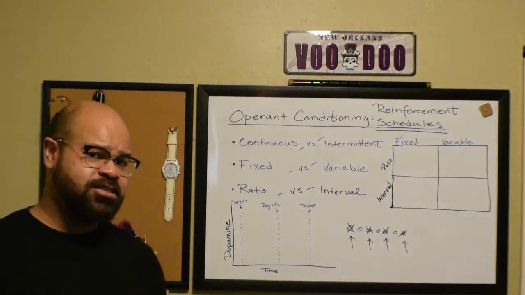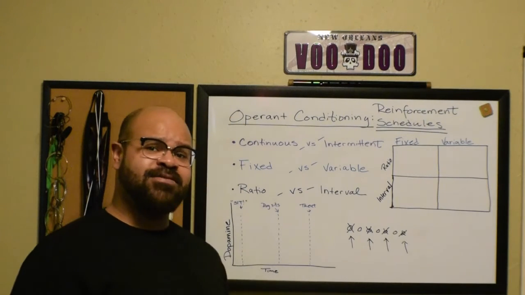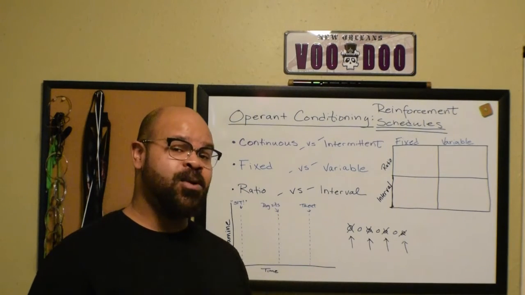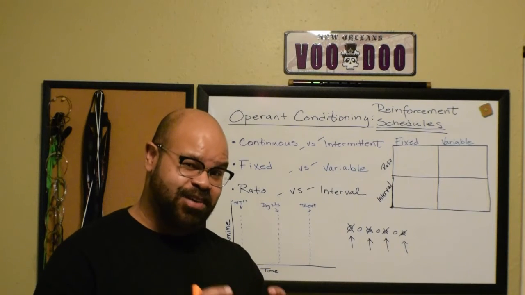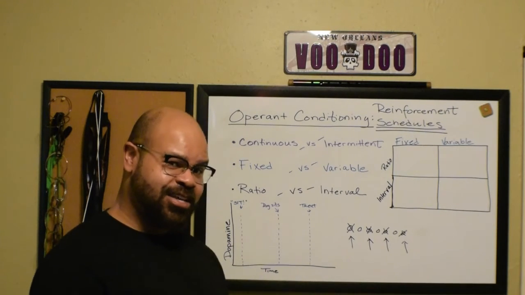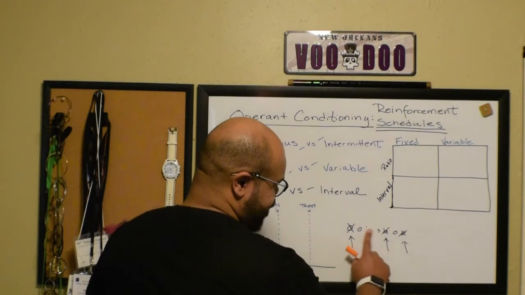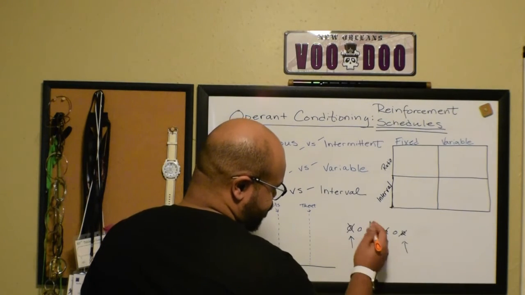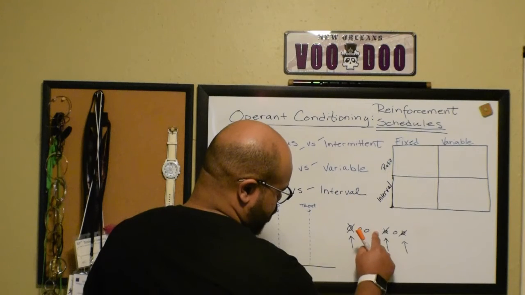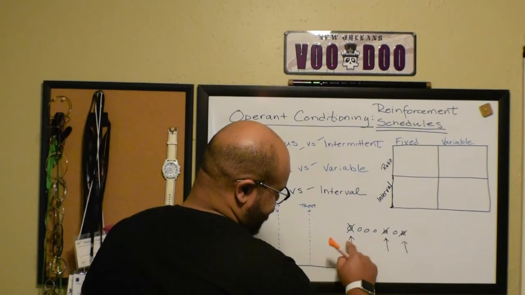So in a fixed schedule, I'm not giving it to him every time, but when I am giving it to him is fixed. That is to say, in this case, it's every other time. Now, I could do something different and give it to him every fifth time.